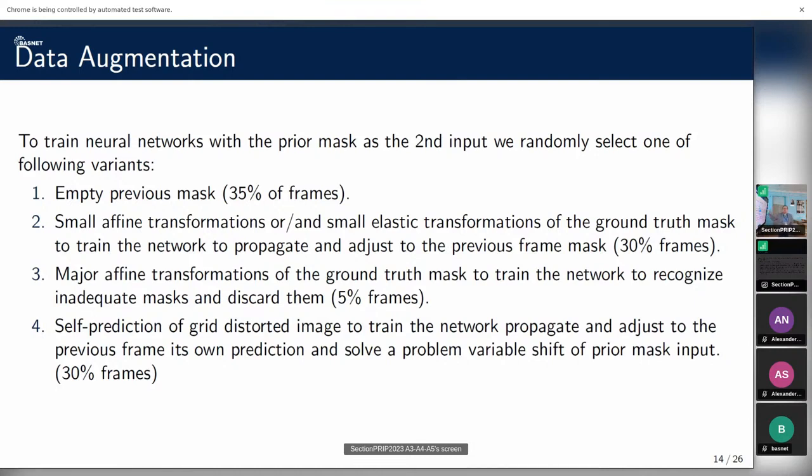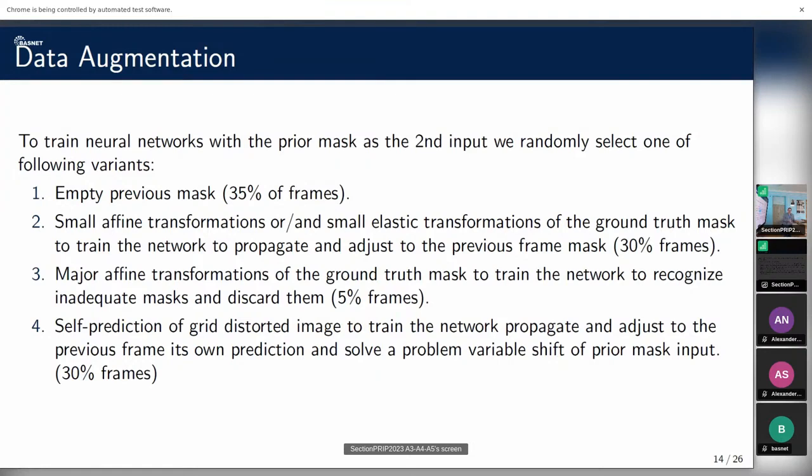It helps to simulate the first frame and avoid overfitting on propagation of the mask through the previous frame.